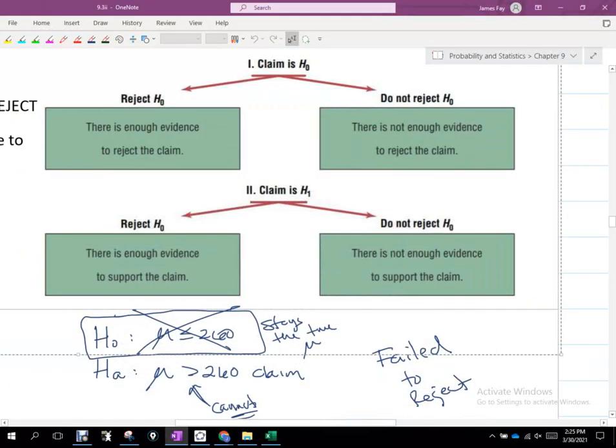I think maybe I'll post it there. It is in section 9.3, part 2 notes, and that might help you finalize that last statement.